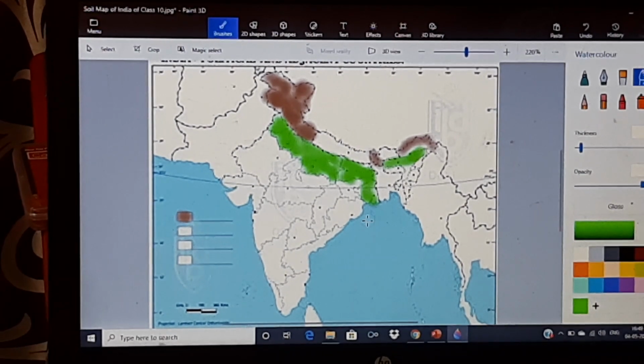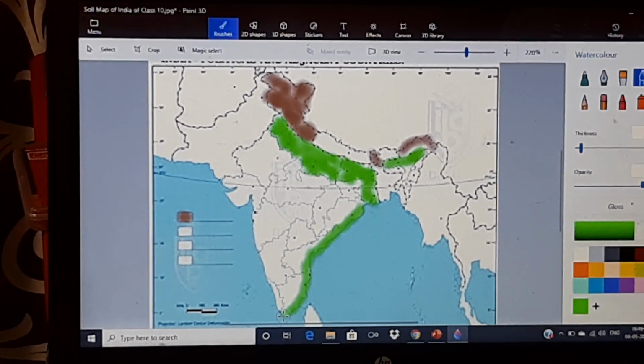Next, the alluvial zone is there in the eastern coastal plain. The edges of the eastern coastal plain also have the deposition of the alluvial soil. Now this is coastal alluvium.